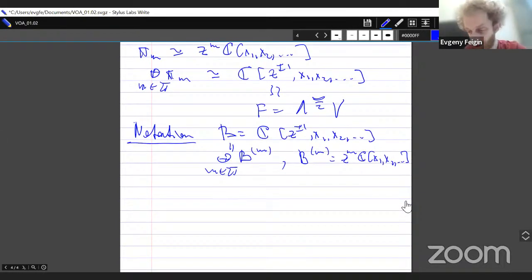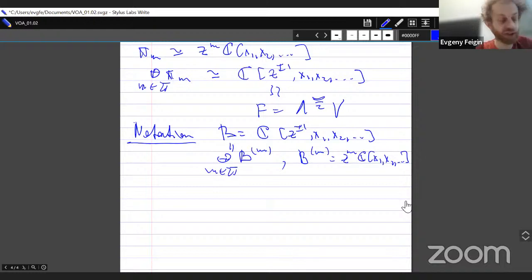The logic now is that we have some structures on the fermionic space, and we want to translate them to the corresponding structures on the bosonic space and see how it works. Because this bosonic space is nothing but polynomial rings, we can look for interesting polynomials and examples, and so on.